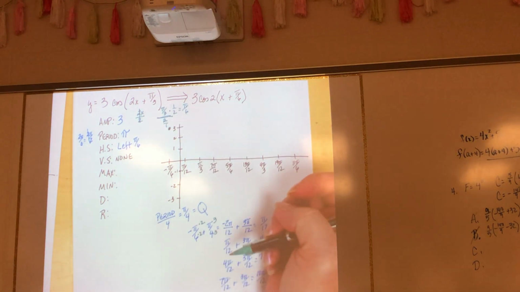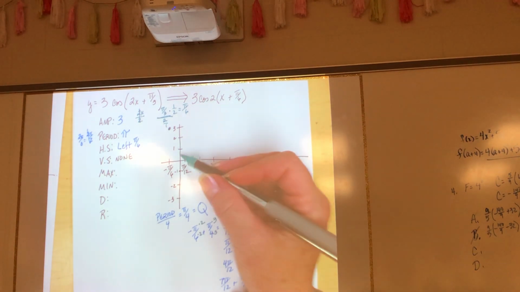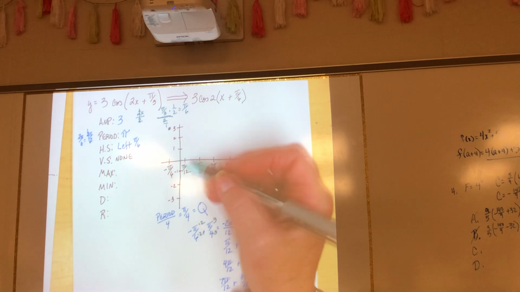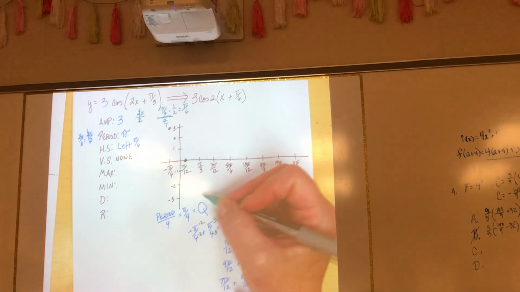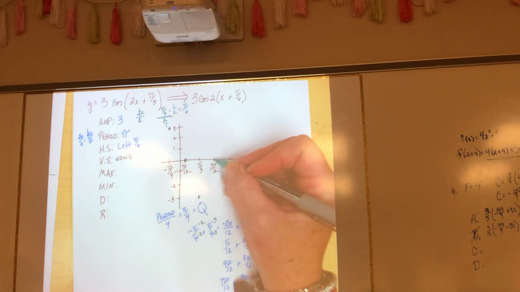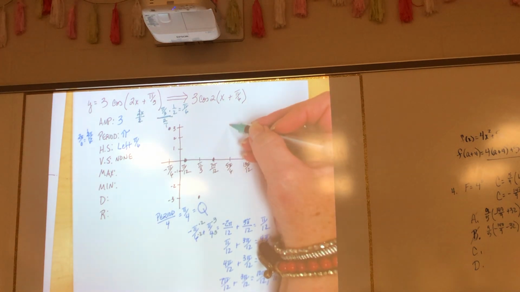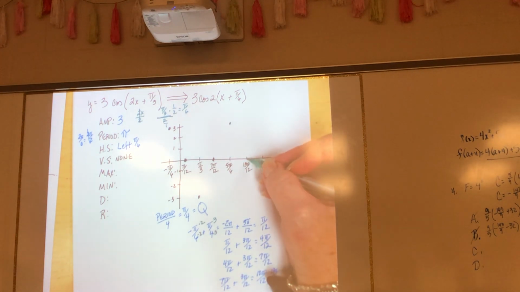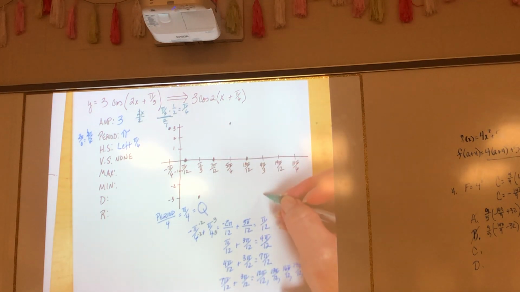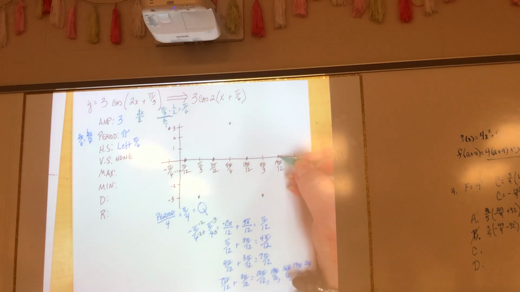And then I go to the middle. What's my next point? Pi over 12. People don't mark the 0. Okay? And then down to the bottom. Back to the middle. Up to the top. Back to the middle. Down to the bottom. Back to the middle.